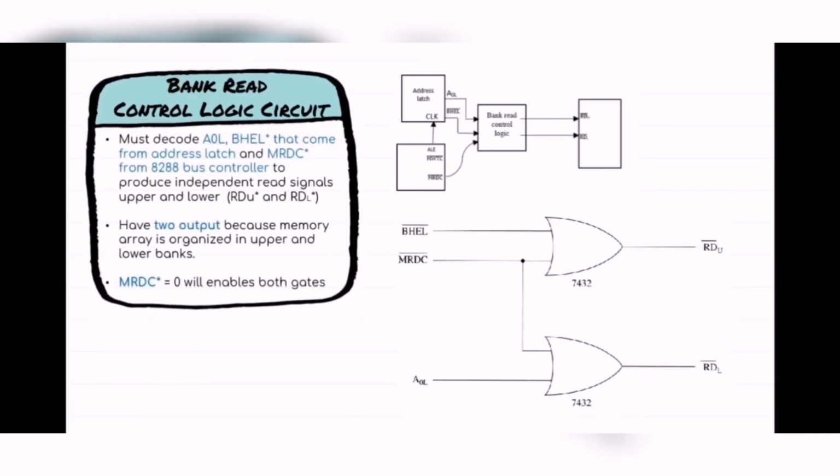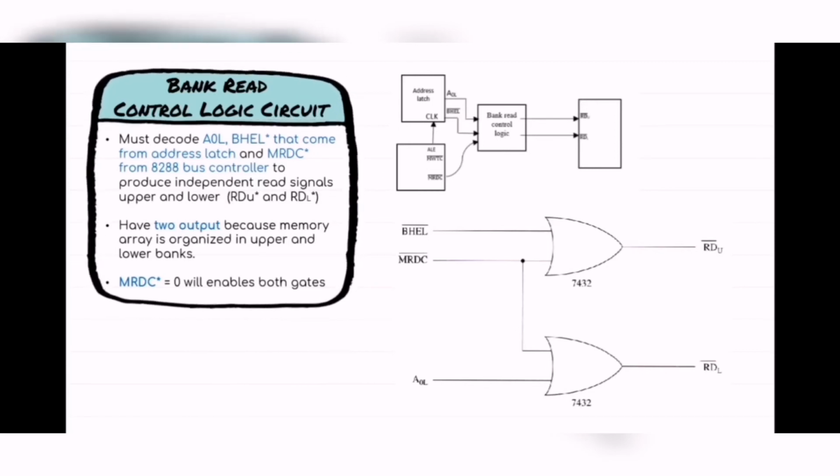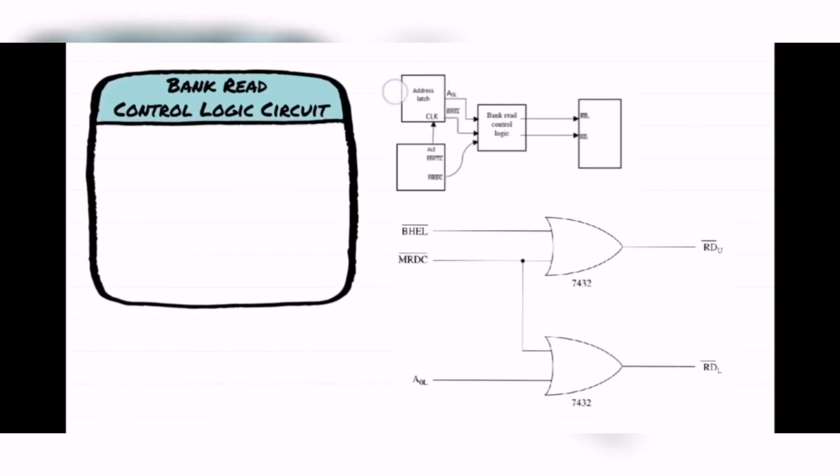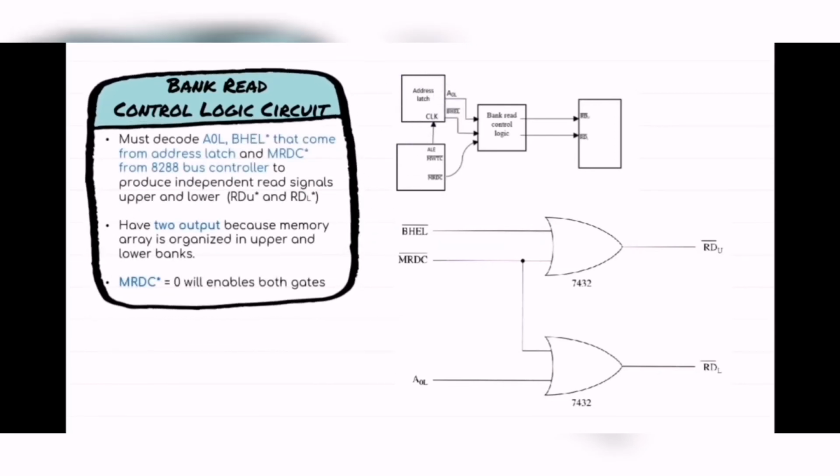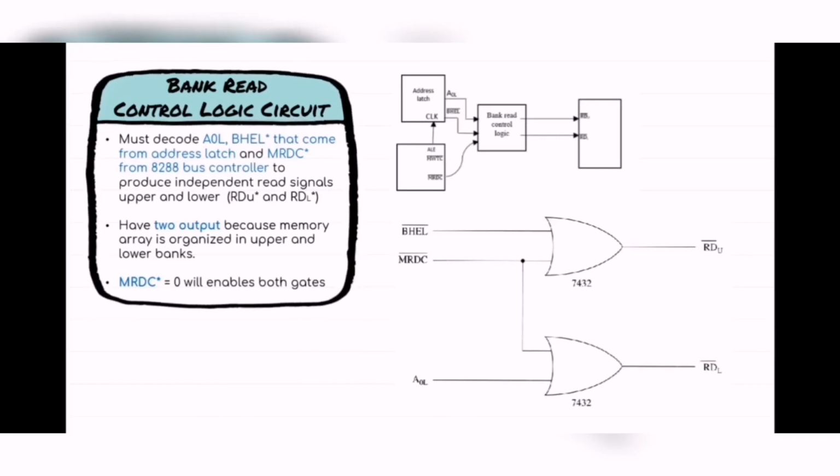So the bank read control logic must decode the address A0L and BHEL bar that come from the address latch and MRDC bar from the 8288 bus controller to produce independent read signals, upper and lower.